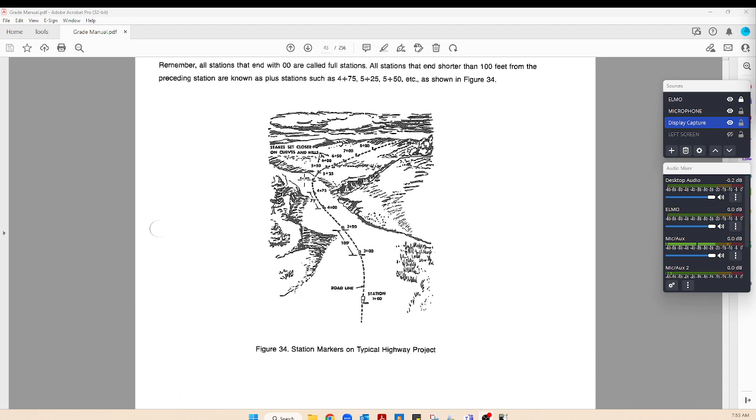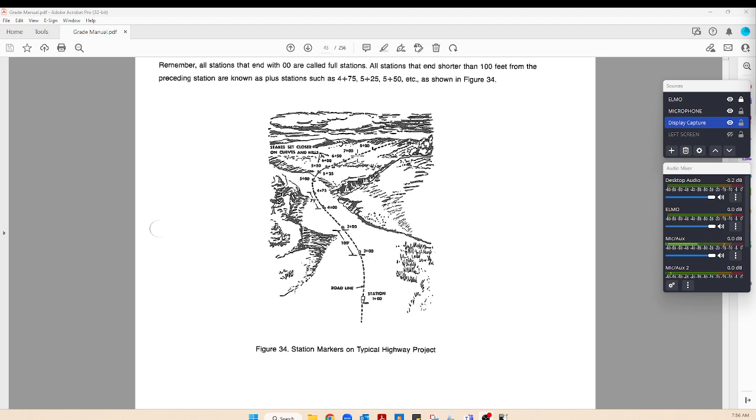So that's 5 plus 00, and this is 550. And here's a number I can't distinguish. That's 25. So it goes on all the way. I think that's even like 450. So it's taken us all of these stakes to get around this curve.